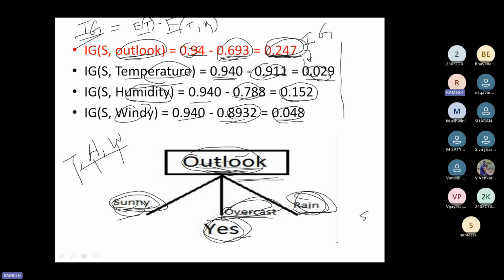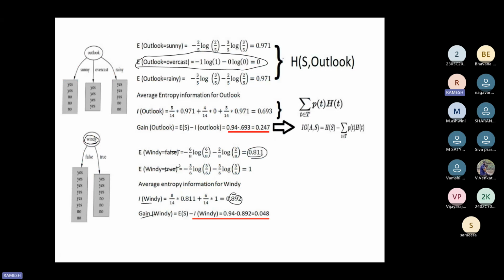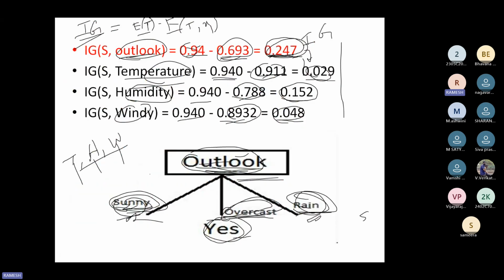Sunny has 5 rows and rainy also has 5 rows, so we are dividing the data set with respect to sunny and rainy.